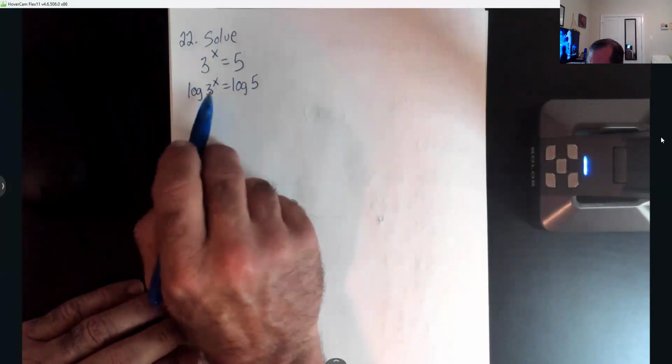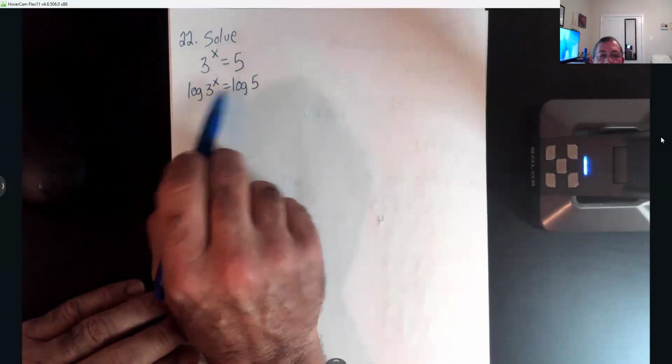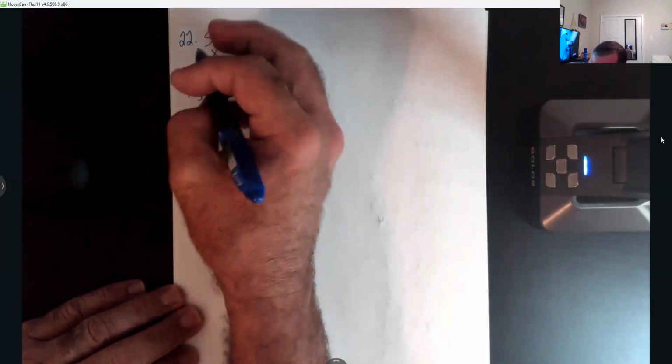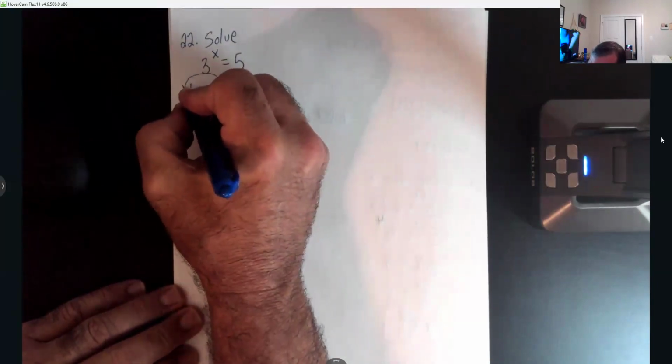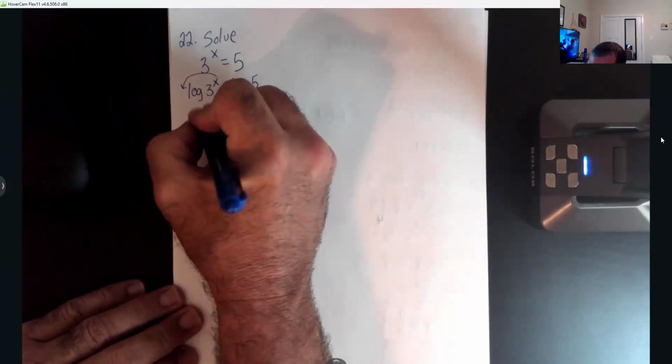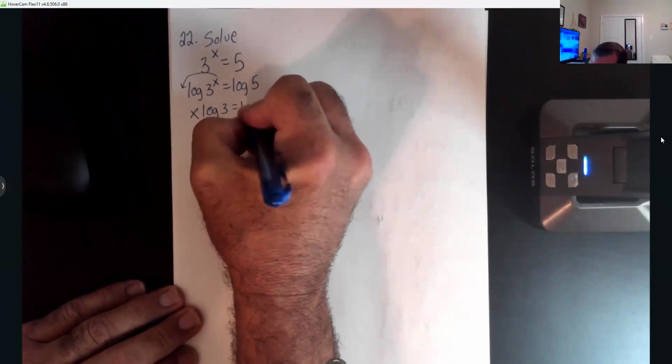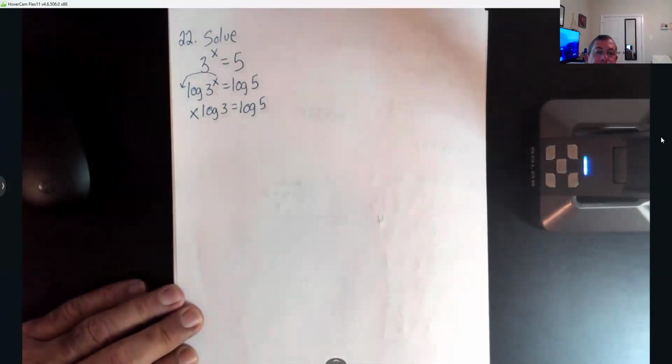And then once again, like we said earlier, we have to take logs so that now we can bring that exponent down to solve for it. So I get x times log 3 equals log 5.